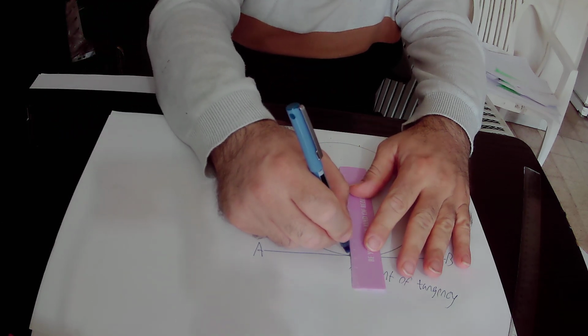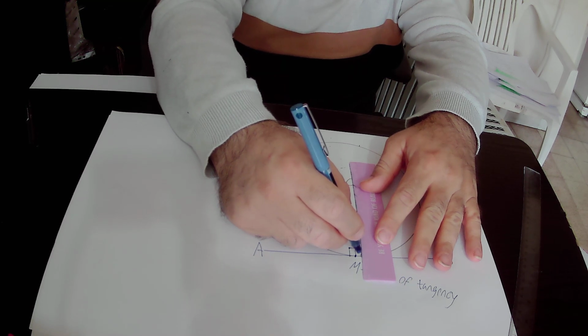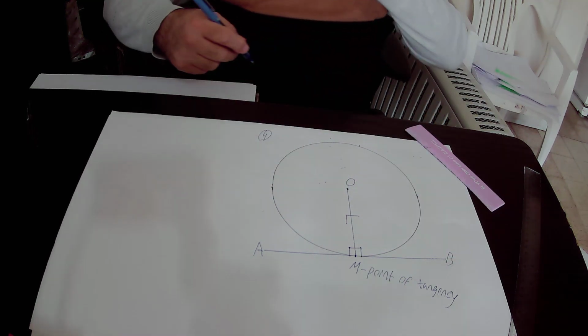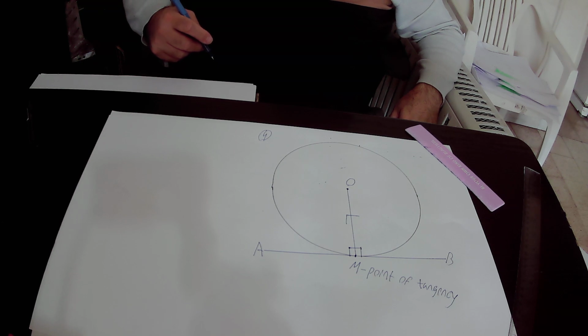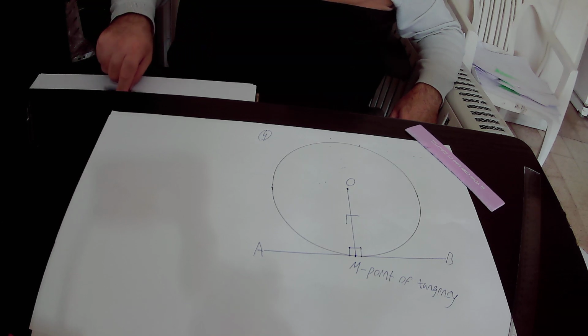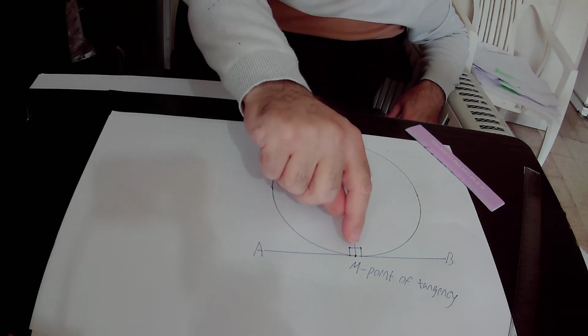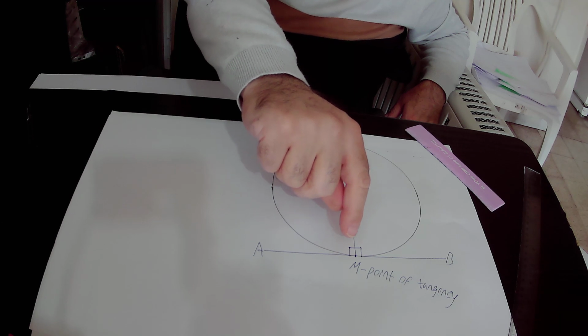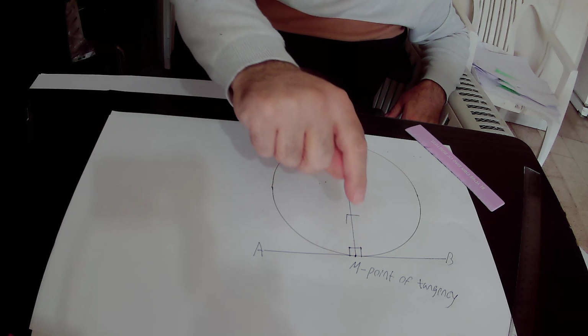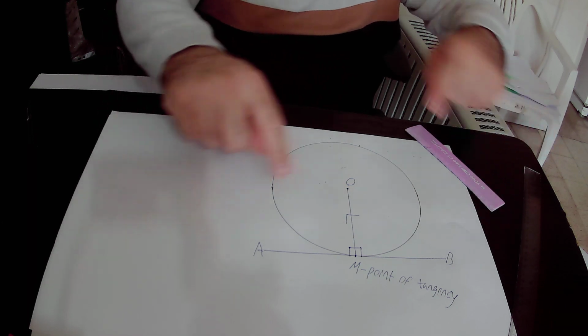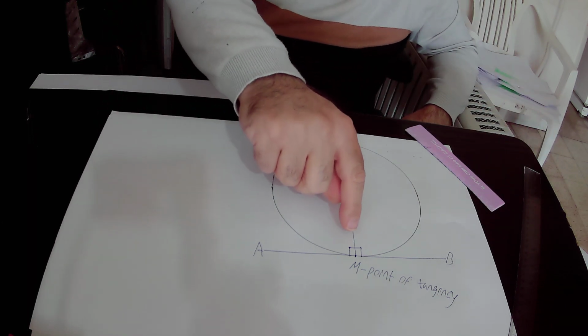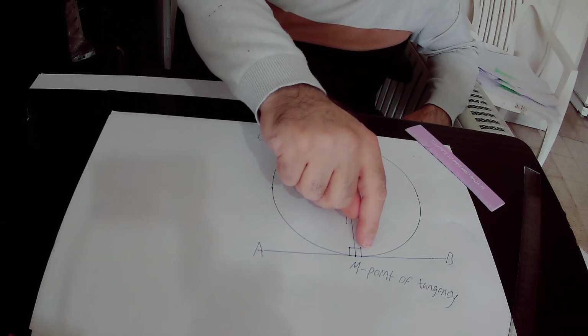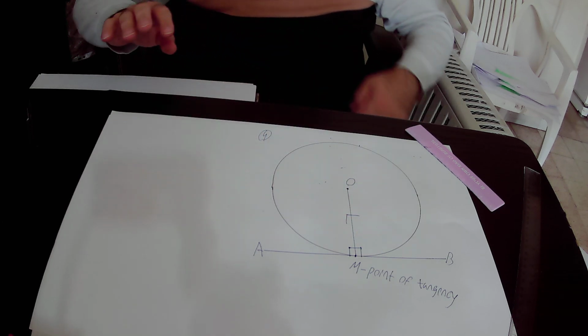It is a right angle, and this angle also equals 90 degrees. It is also a right angle. So, according to rule number 2, whenever you have a radius that is drawn to the point of tangency, in this case it is point M, then the tangent AB will be perpendicular to this radius, that is to say this angle equals 90 degrees and this angle also equals 90 degrees.